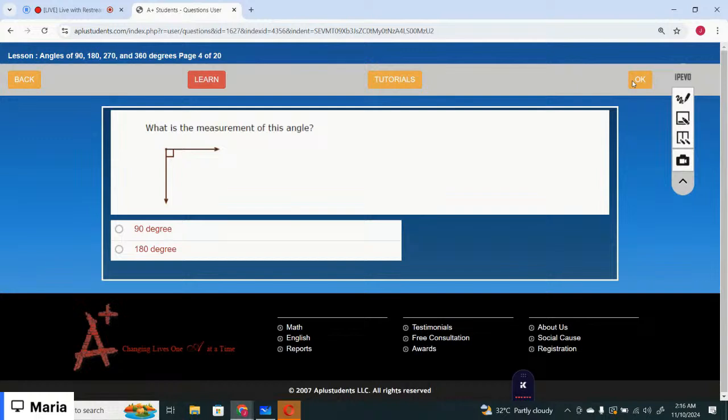What is the measurement of this angle? Which is the correct option? That is 90 degrees, right? Exactly 90. Option number 1 is the correct option.